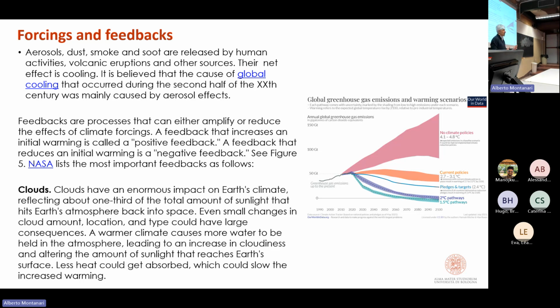We have to make assumptions on the level of success in reducing the emissions. And for each assumption, we try to make an estimation. So the first assumption is what is called business as usual. So no climate policies. We just continue the trend, we just continue to burn fossil fuels as we are used to do. And this is the worst scenario, no climate policies.